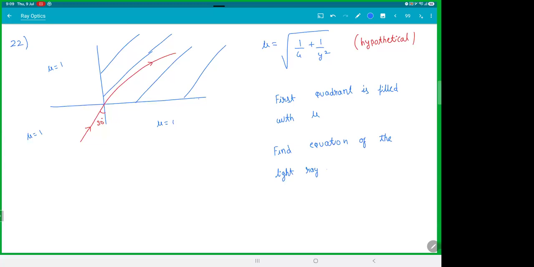So this is like parallel slabs, isn't it? The slabs are in what? X-axis. The process is the same. They can give you any weird equation, but it works.